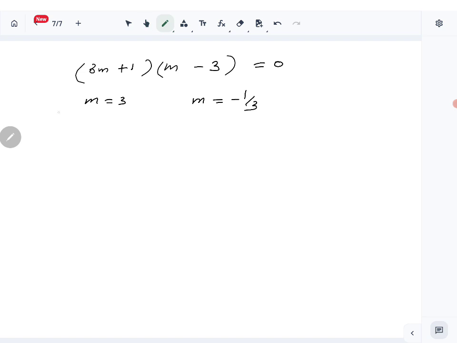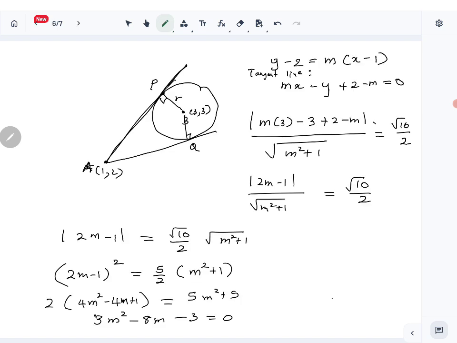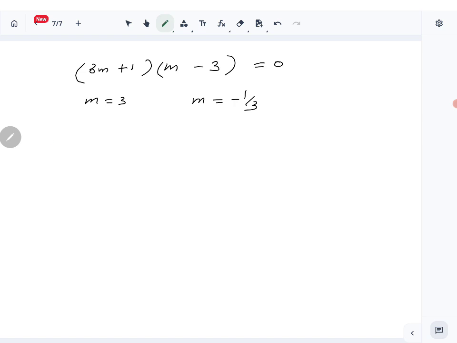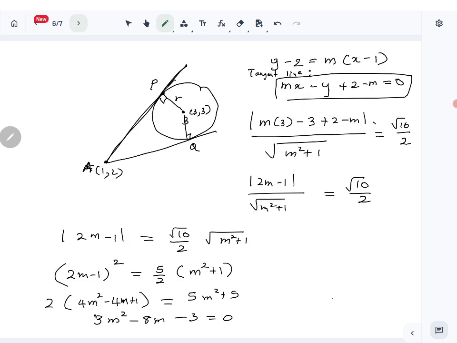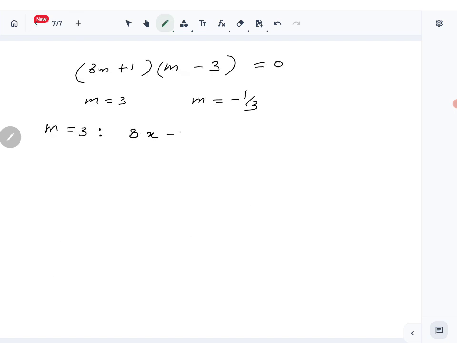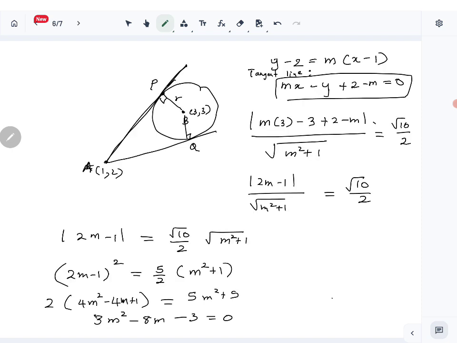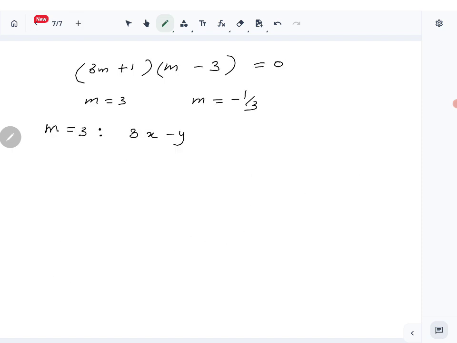So now let's find the equations of these two tangent lines. We have the form now, so substitute the m value. When m equals 3, the tangent is 3x − y − 1 = 0.